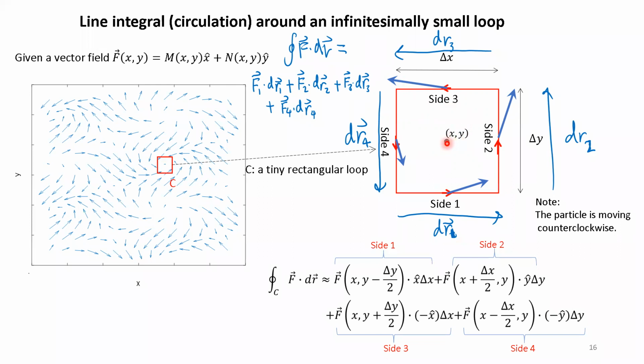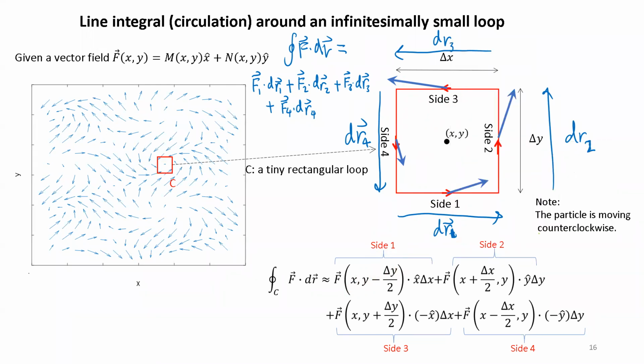I want to take the F value at the midpoint of side 1. Its coordinate is also x, but it's a bit lower than the center, so the y coordinate is y minus delta y divided by 2.